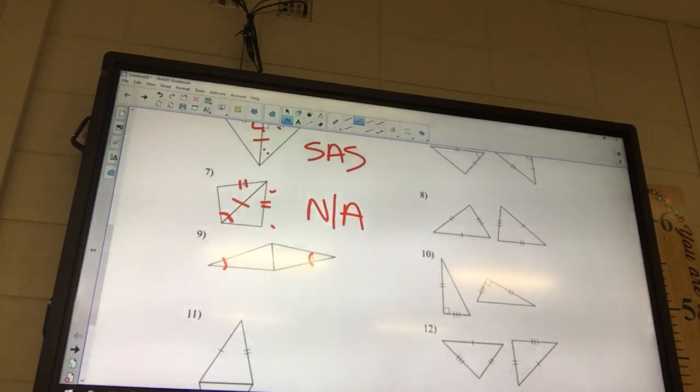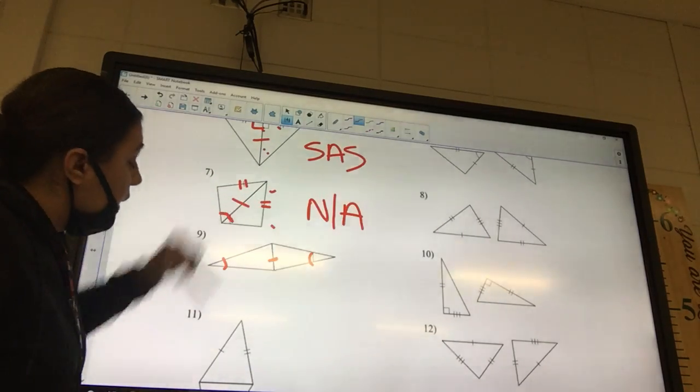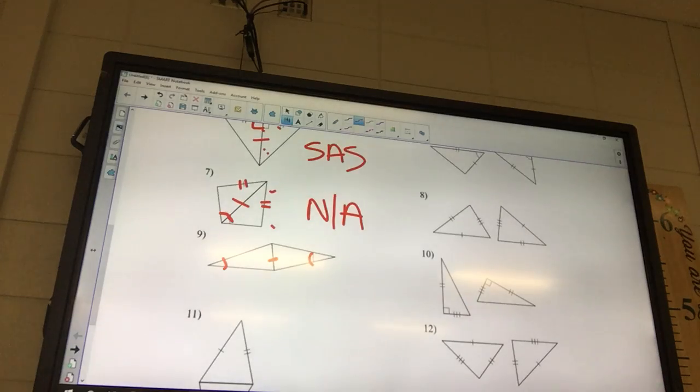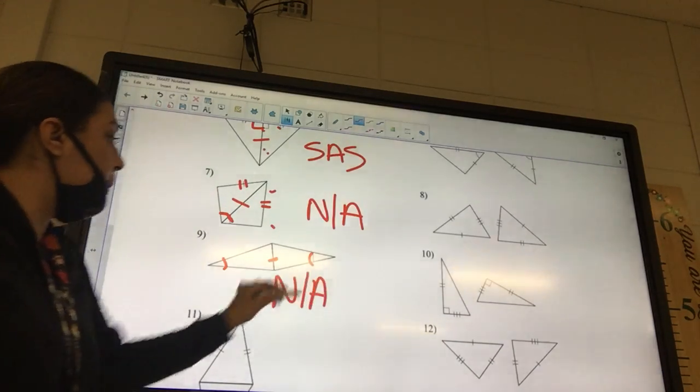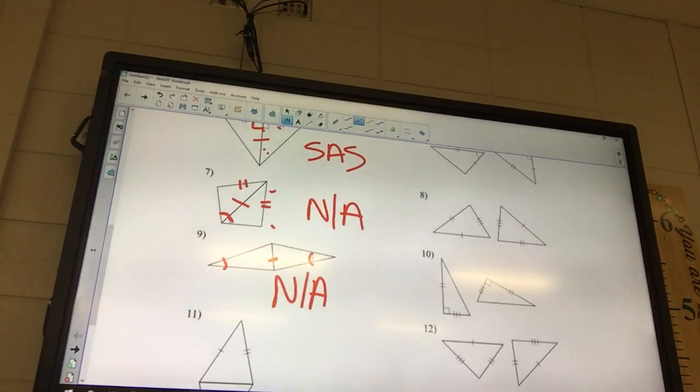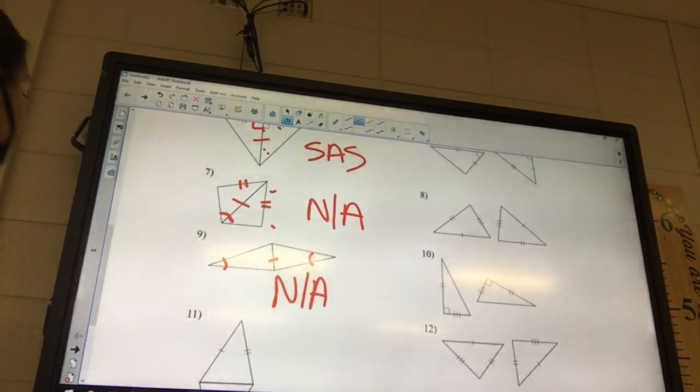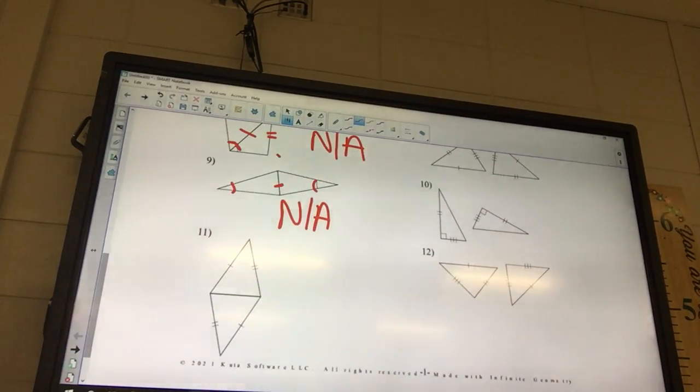They are, which means you can mark a side. Where? The middle one. Is that enough information now for us to get something? No. So it's not applicable.